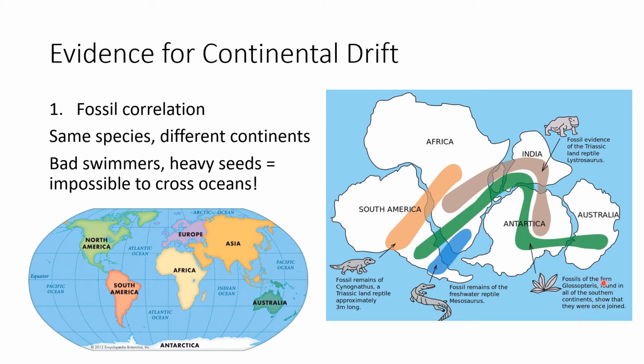It's not just animals, there are some plants that support this idea. This Glossopteris is a plant that has really heavy seeds that when they go into water, they just sink. So there's no way that the seeds of Glossopteris could float all the way across whole entire oceans to end up on different continents.